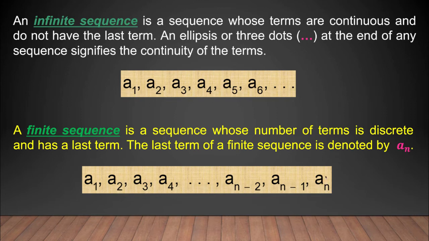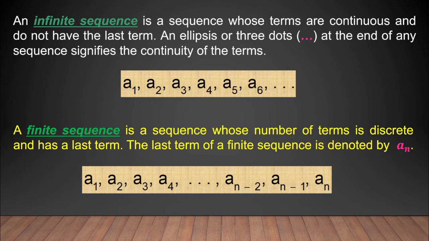So this is the last term of a finite sequence. So for example, a sequence has 5 terms. Then the last term of the sequence is a sub 5. A sub 5, that will also be your a sub n.